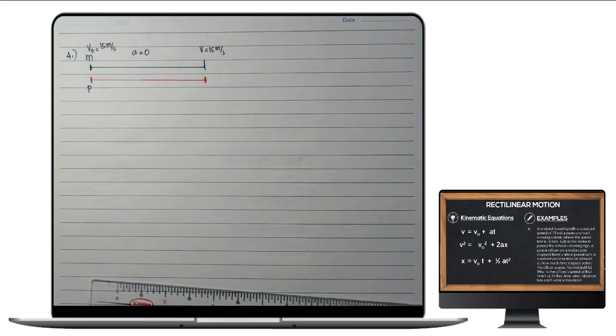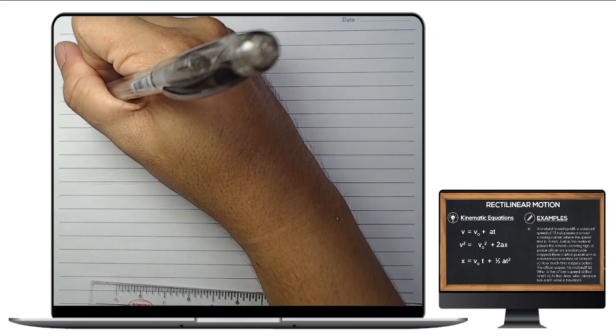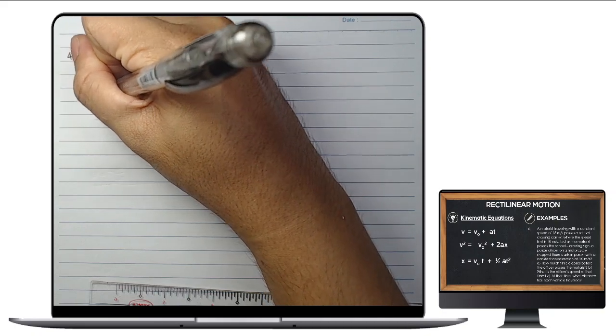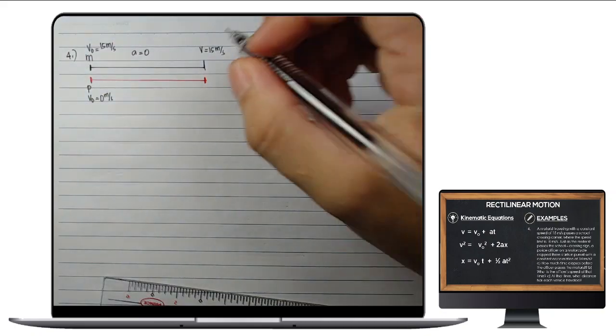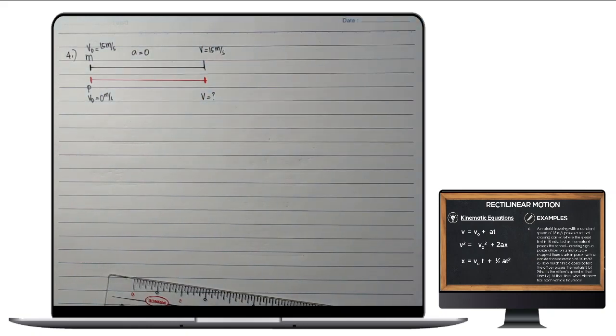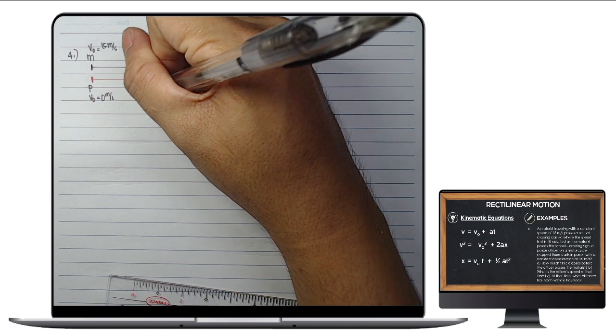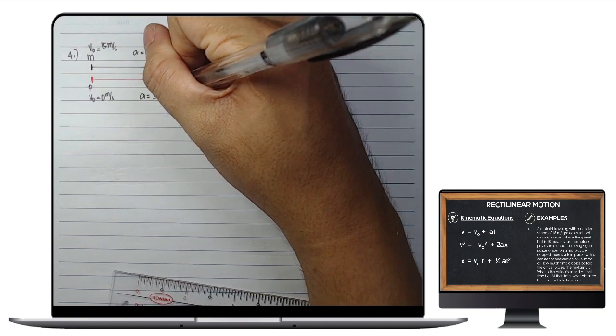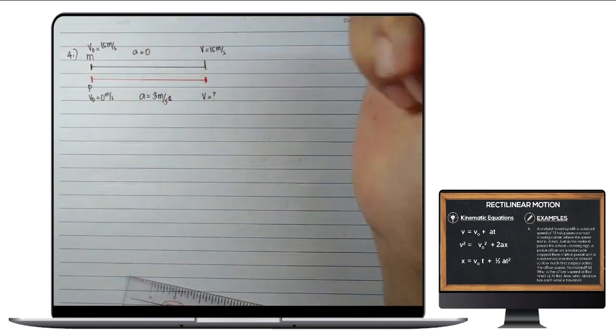Since the police officer's vehicle or his motorcycle is initially at rest, the initial velocity of the police officer is 0. Okay? And we do not know his final velocity. Then, it is said that the officer is accelerating at 3 meter per second square.